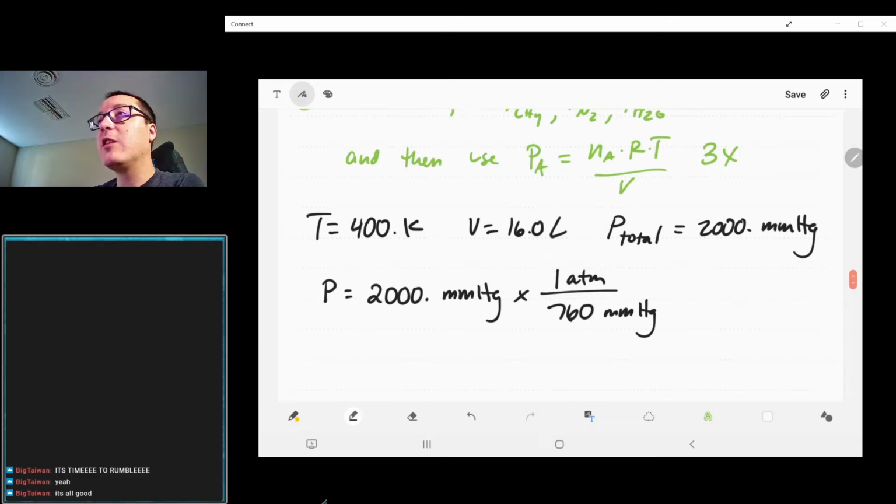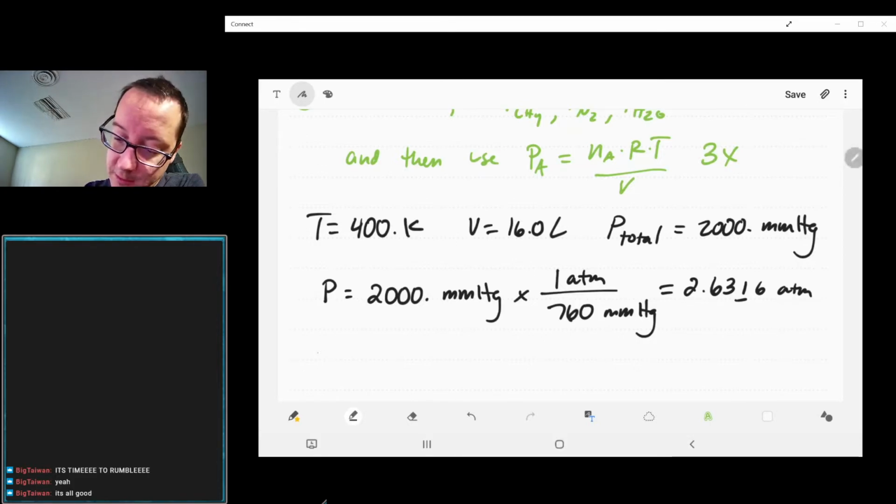We are going to ignore sig figs for the 760, so we'll just keep our 4 sig figs here. 2,000 divided by 760 is 2.632, we'll say. Actually, it is 4 sig figs, so we will not round yet. Okay, so we have our pressure now in atmospheres.